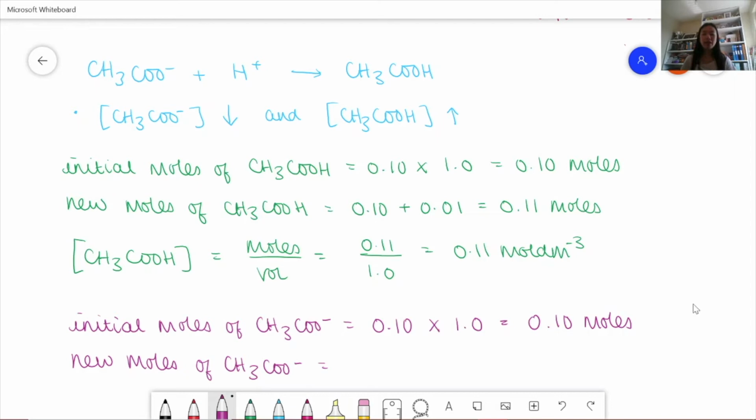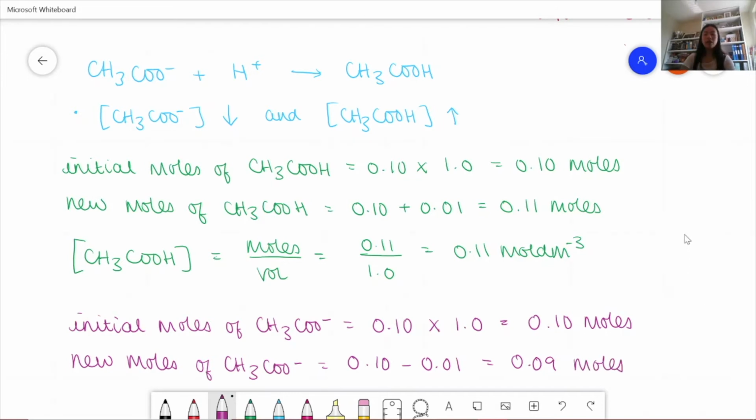So that means that the new moles of ethanoate will be 0.10 minus the moles of H plus that we've added, because again it's a 1-to-1 ratio, and so we get 0.09 moles.